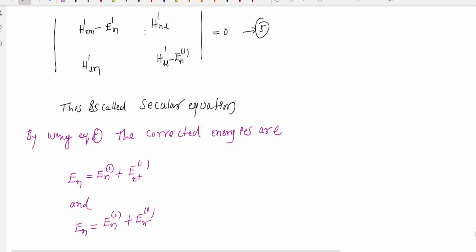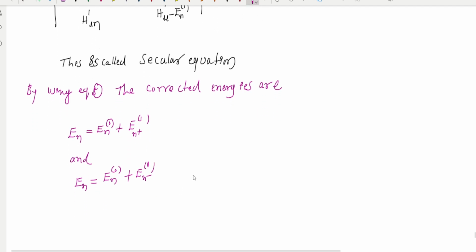Here two Hamiltonians are there: one is the perturbed Hamiltonian H'nn, another one is H'll. In case the diagonal matrix elements are real, the Hamiltonian operators are real, not imaginary. Therefore, we can equate these two terms.